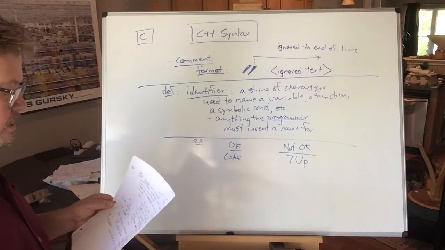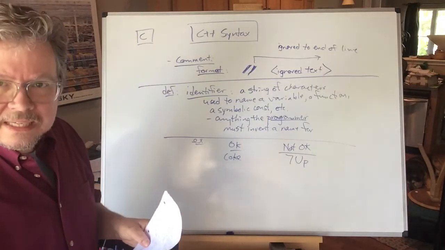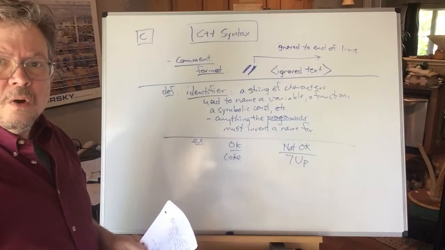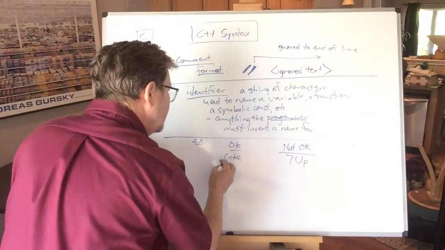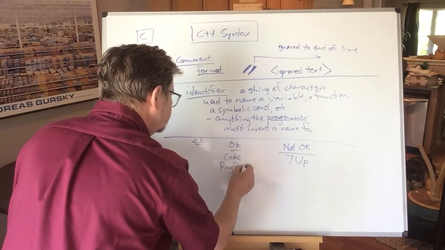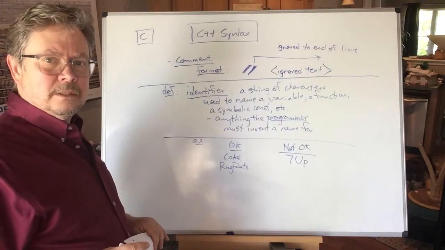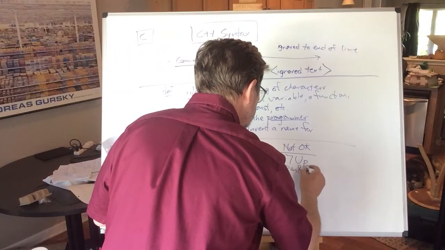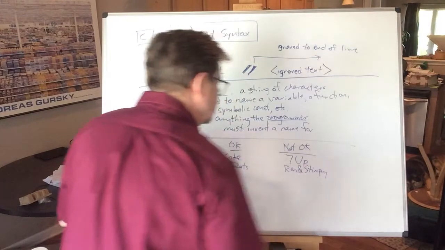There's 3 rules. Rule 2: it consists of letters and digits only. No spaces, no plus signs, no minus signs. So you could have Rugrats. That's an okay variable name, as long as it doesn't have any spaces. You can't use Ren and Stimpy. Why not?